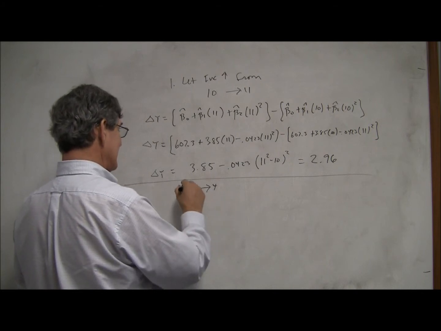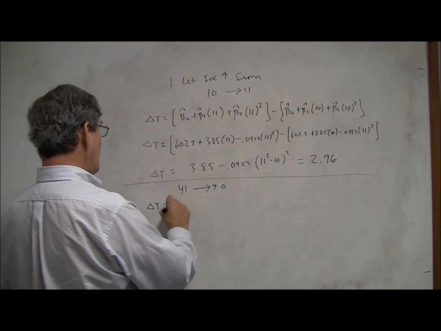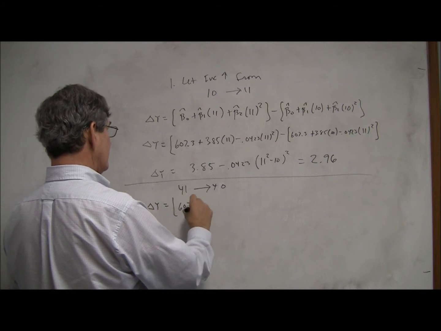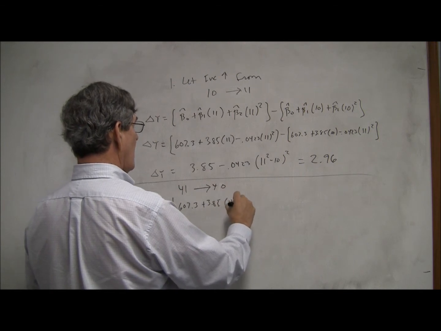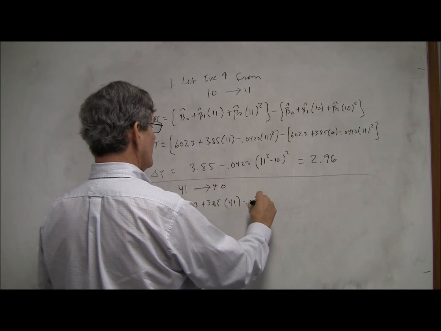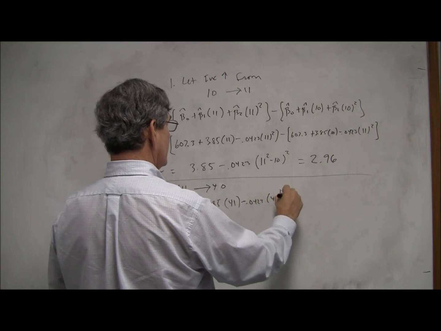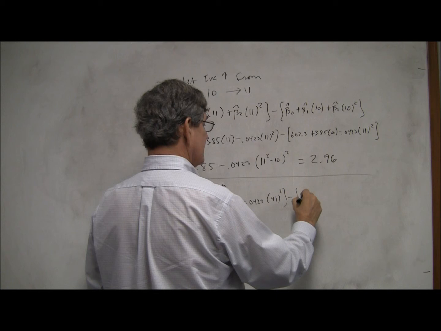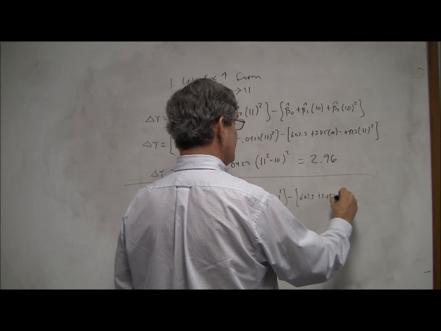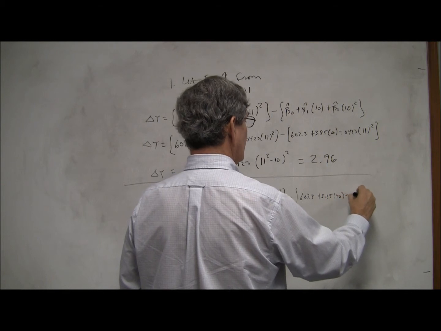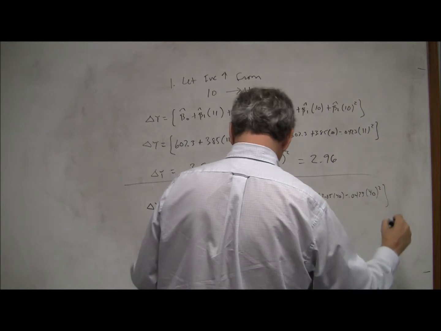You're going to do the same thing. Change in y will be 607.3 plus 3.85 times 41 minus 0.0423 times 41 squared minus 607.3 plus 3.85 times 40 minus 0.0423 times 40 squared.